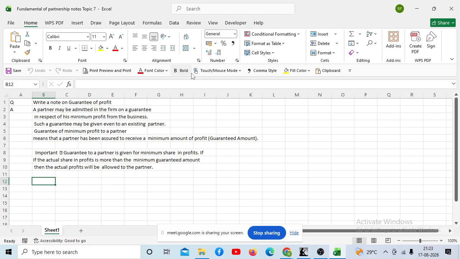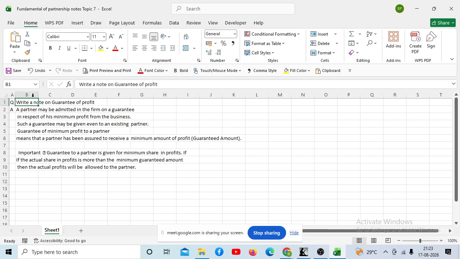Now just write this question. Write a note on guarantee of profit. Now just try to understand this concept.